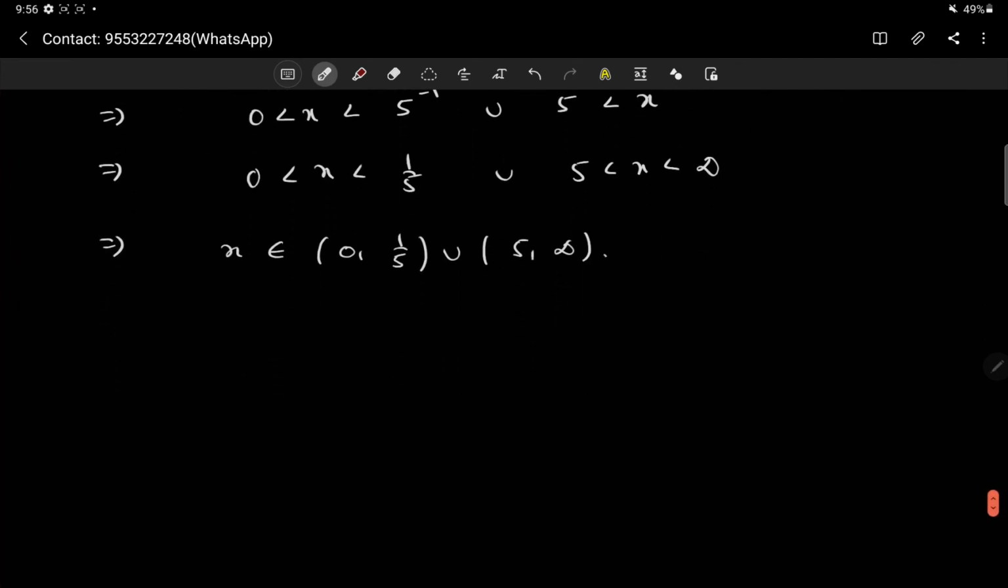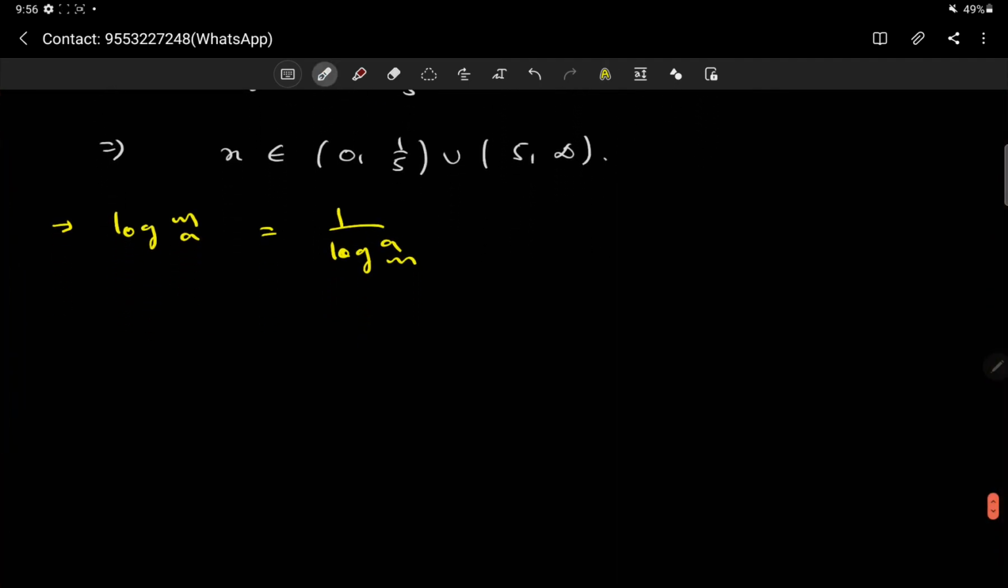I want to give you one more result, that log m base a can be taken as 1 by log a base m. So I want to prove this result also. See here.